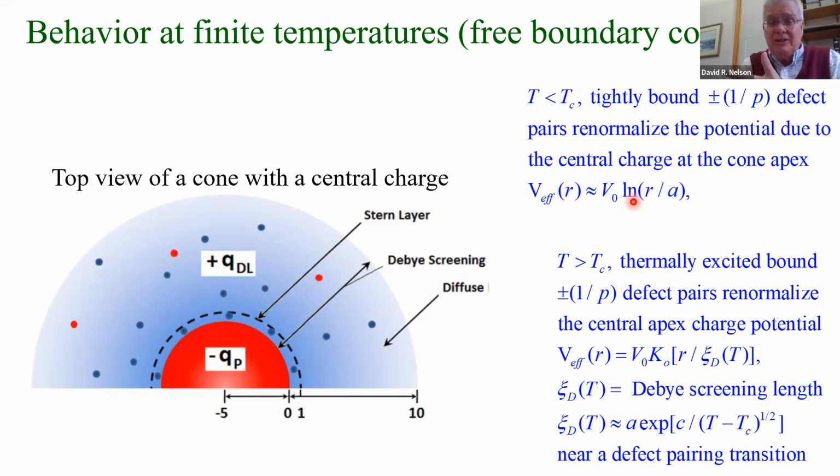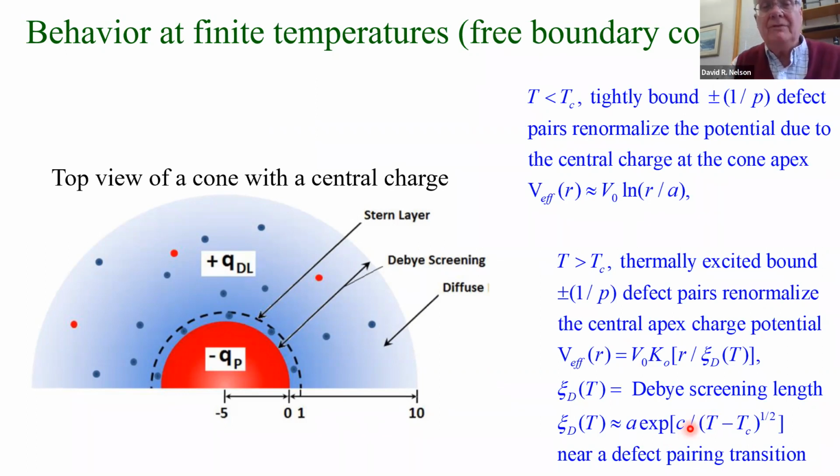In 2 dimensions, there's a phase transition where the thermally excited, bound plus or minus 1/p defect pairs renormalize the central apex charge, but then they eventually produce screening at large distances, and there's a Debye screening length with this characteristic, very strong divergence. So we hope to study that in the future.